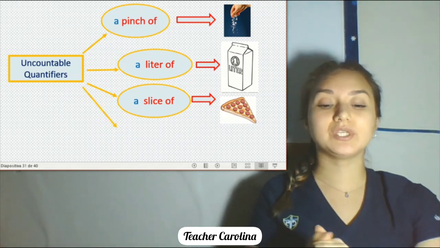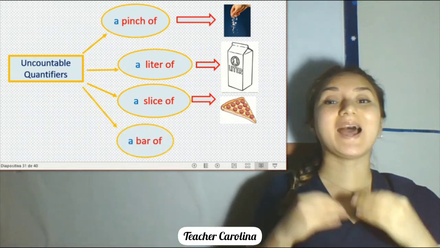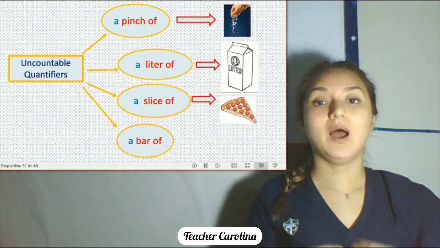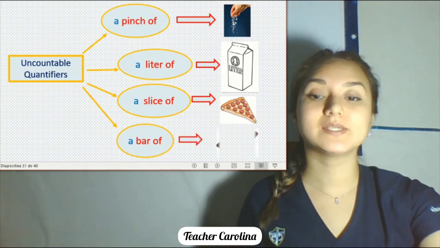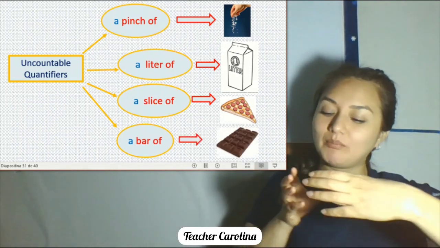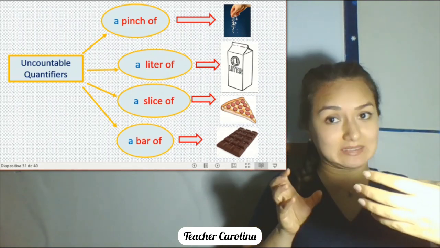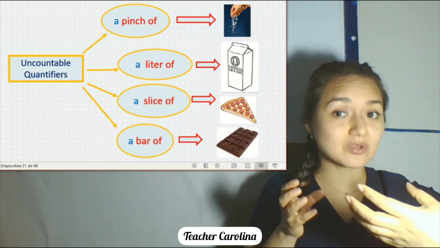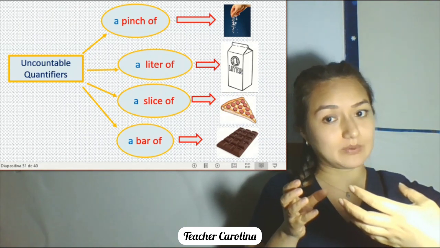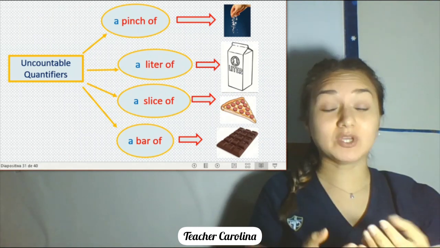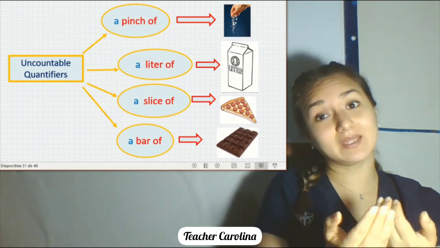Now we are going to continue in here. It says a bar of. A bar of, and in this case, chocolate. Right? You cannot count the chocolate. No puedes contar el chocolate. Remember? Okay? Why? Because you can make it liquid.